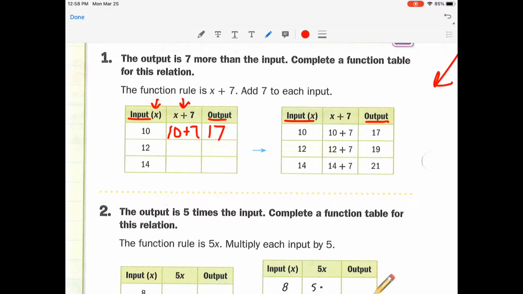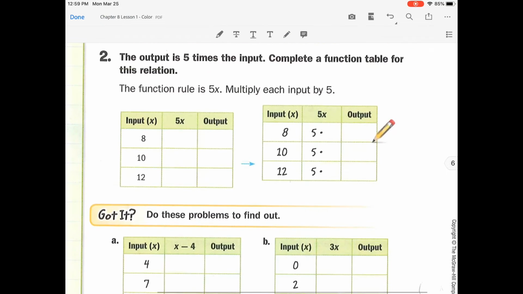I then am going to take my x, again, I'm going to go down to 12. My x is 12 plus 7 to get 19. And then notice this x is 14, so 14 plus 7 is 21. So all I am doing is replacing the x in this function rule with the x that's in my input.